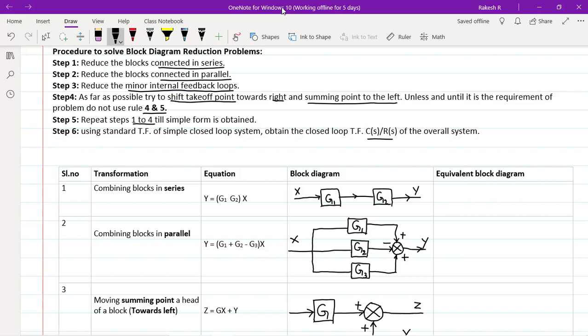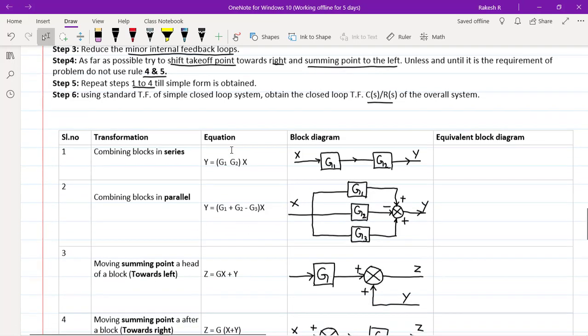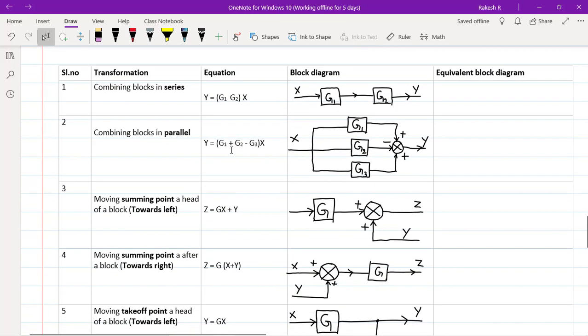Now we shall see what are the rules to be followed while we solve a block diagram reduction problem. The first one we told is to reduce the blocks which are connected in series. If the blocks are in series, this is how the block diagram looks. X is the input, Y is the output here, and then we have two blocks, G1 and G2.